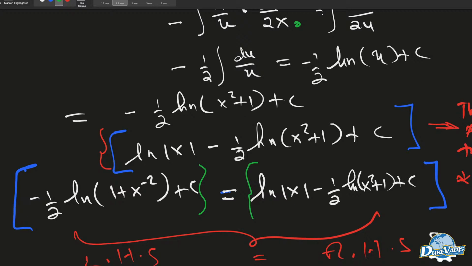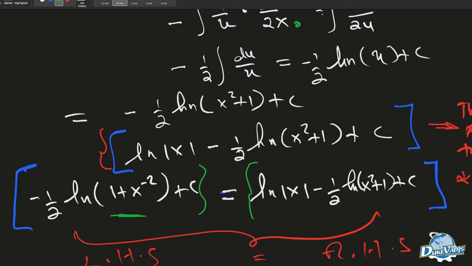By inspection, when the people came back to me, they told me that they don't think the two answers are the same. The first answer, after calculation, was minus half natural log of 1 plus x raised to the power negative 2, plus c. The reason people say that is that this is 1 plus x raised to the power negative 2.